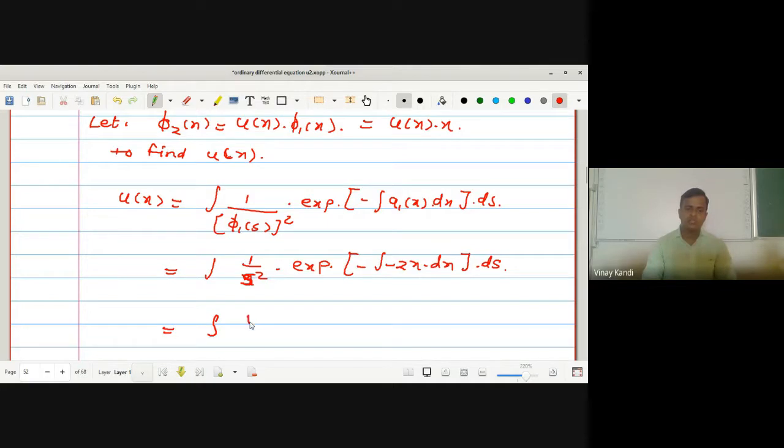Integration 1 upon s square into this, minus minus gets plus. What is the integration of x? x square upon 2. The 2 gets cancelled. So here you get only e raised to x square into ds.